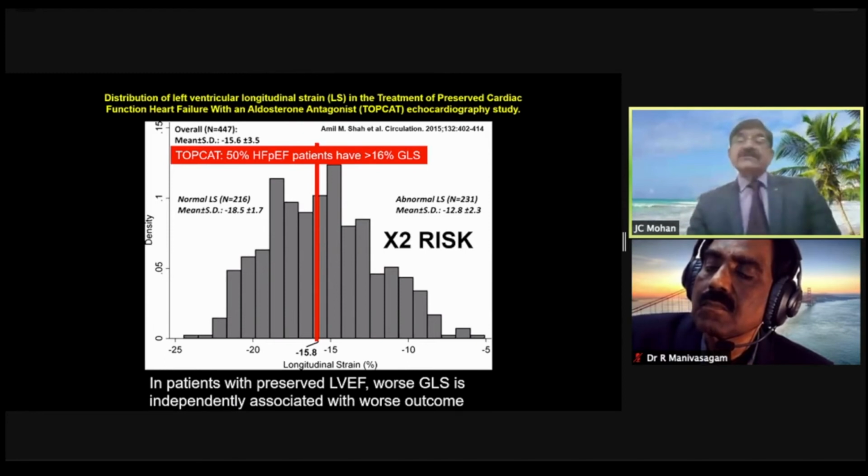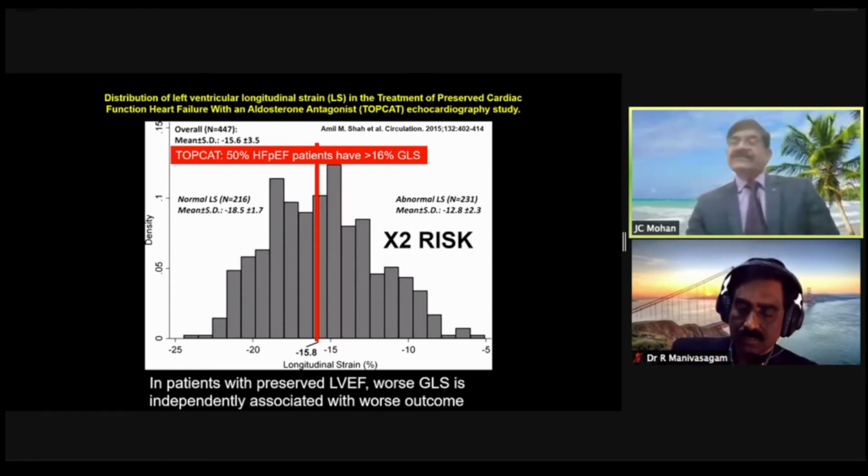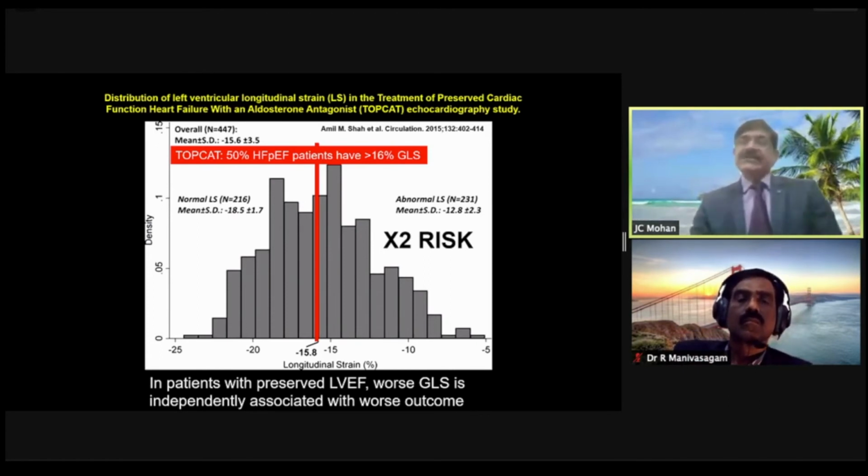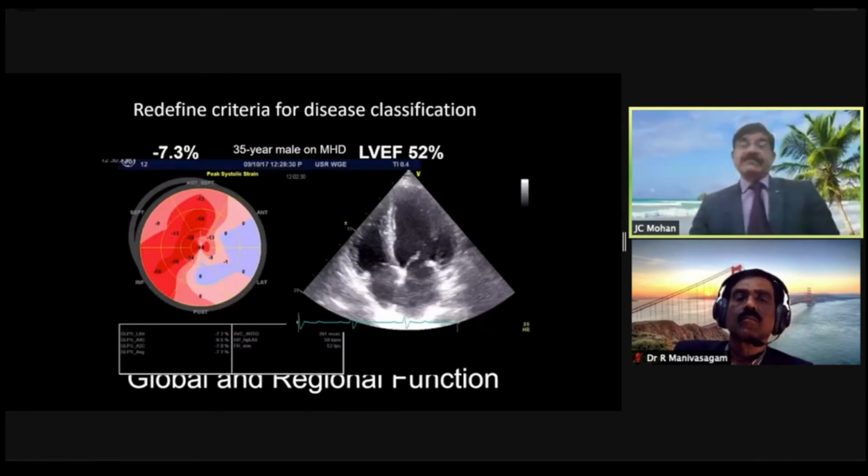So this also tells us one fact, that there are a good number of people where the left ventricle is not involved and still they have heart failure with preserved ejection fraction, emphasizing the fact that HFpEF may be an extracardiac disease in a good number of patients, and please keep that in mind.